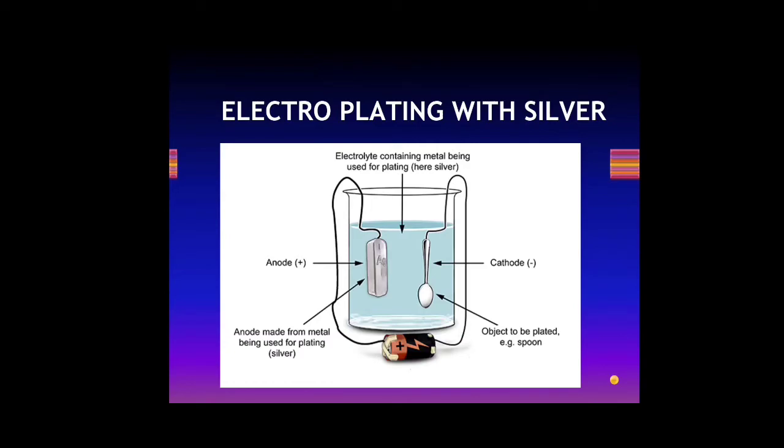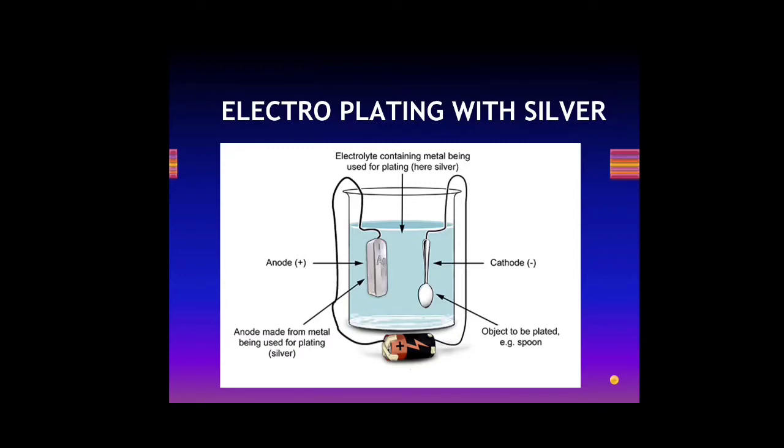So what is the process happening? Again, from the anode, the metal will lose electrons, form a cation and get into the electrolyte. The electrolyte will split up into cation and anion. The cation will move and deposit on the cathode, that is the negative terminal.